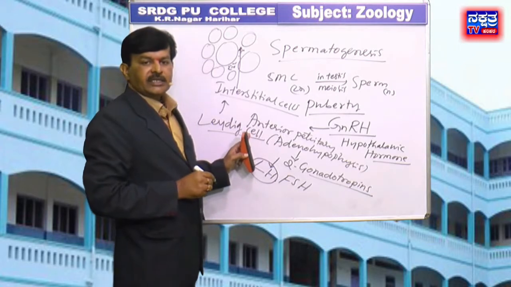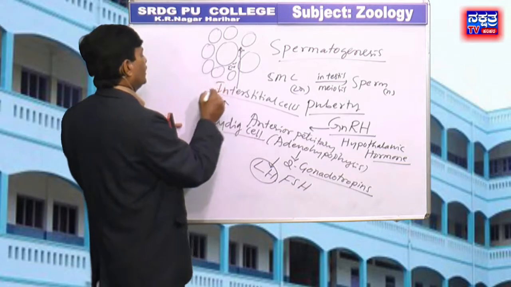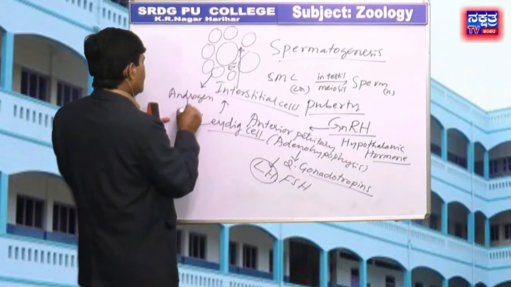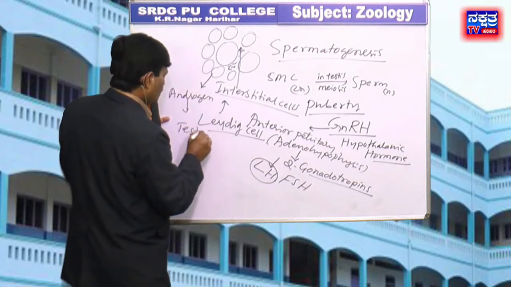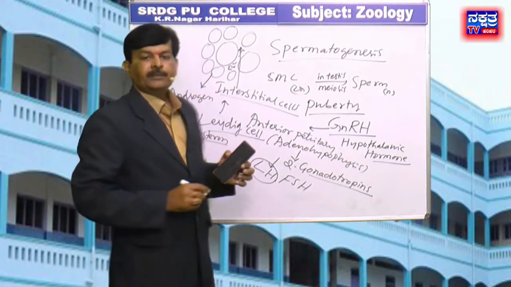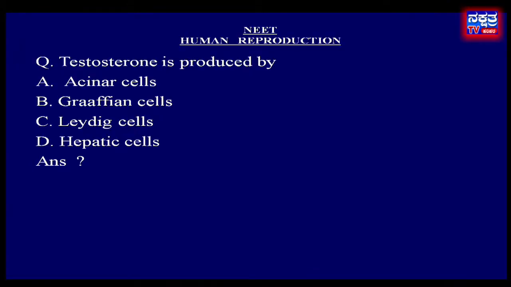These cells synthesize and secrete the androgen, that is called testosterone. Therefore, in the given options, option C, Leydig cells, is the right answer.